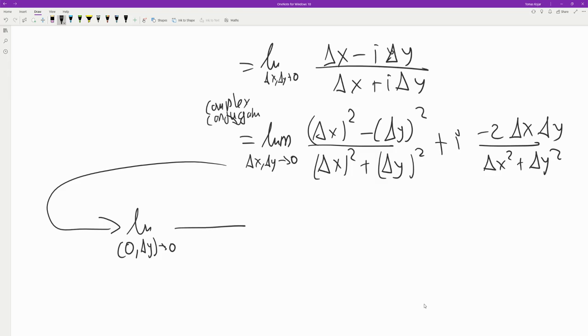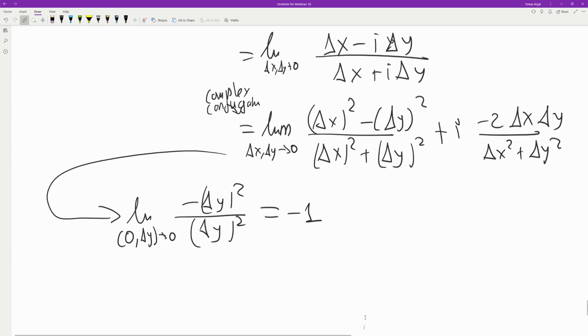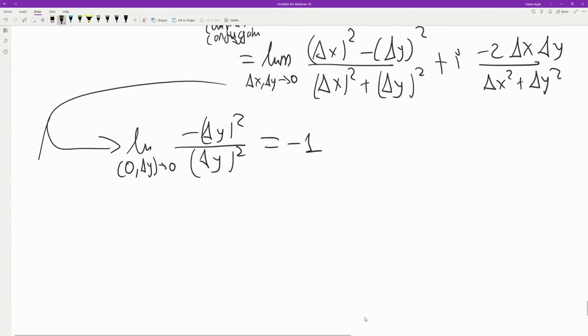So that leaves us with minus delta y squared over delta y squared, which is minus 1. Or we can take them to be equal and go to 0.